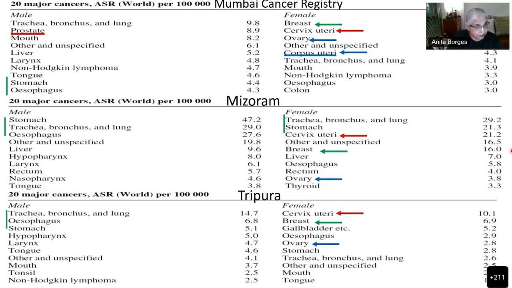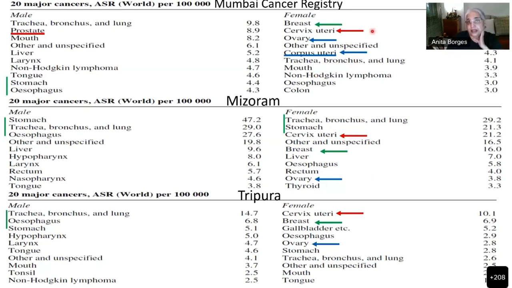The third reason is trends. Okay. Now look at the trend over here. Take Tripura, and you see cancer of the cervix in females is 10.1. It is the leading cause of cancer in females in Tripura. When you come to a place like Mumbai, you see what is the leading cause?